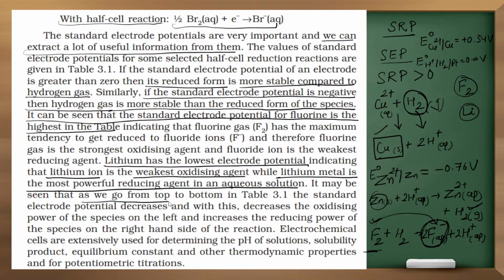So as we go from top to bottom, the standard electrode potential decreases. Standard reduction potentials or electrode potential decreases, and with this oxidizing power decreases.